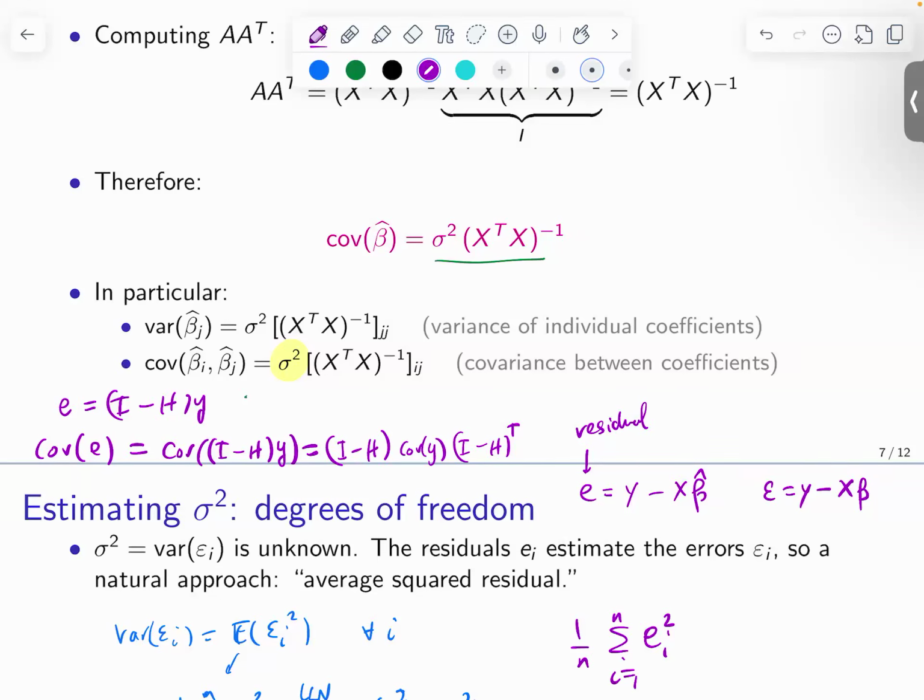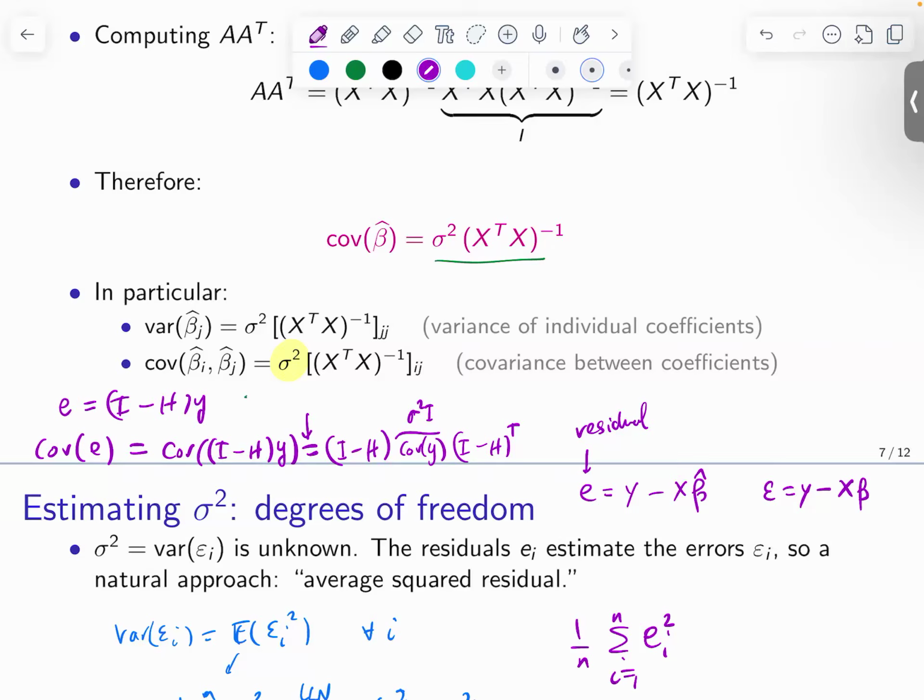How do I simplify this? This is a linear transformation: the covariance of AY is A times the covariance of Y times A transpose. The covariance of Y is sigma squared I. So you get I minus H on this side, I minus H transpose on the other side.